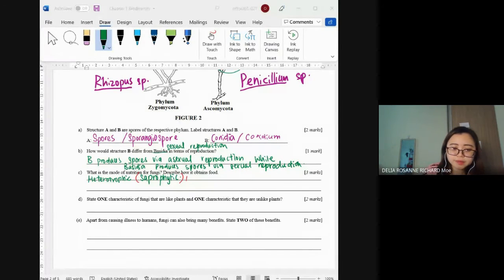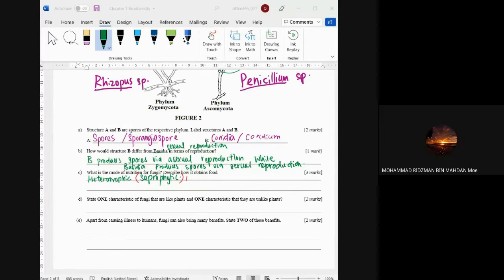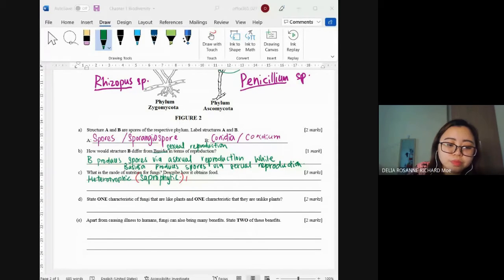Main type pun boleh, no problem. Miss, kalau cakap fungi obtain their nutrition by absorbing organic compounds.